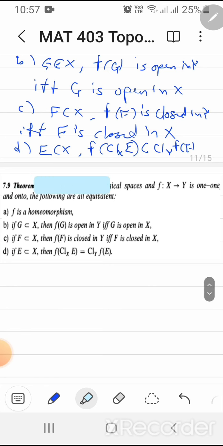If X and Y are two topological spaces and f from X to Y is one-one and onto, then the following conditions are equivalent.